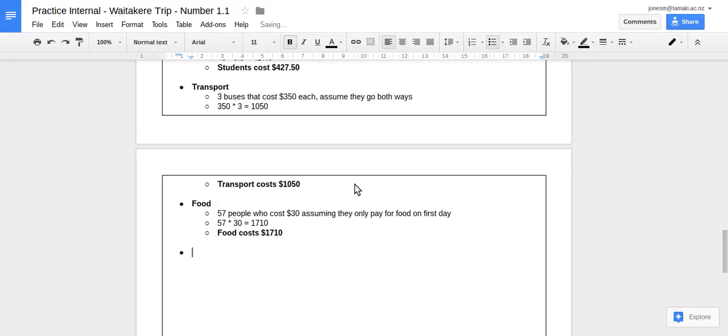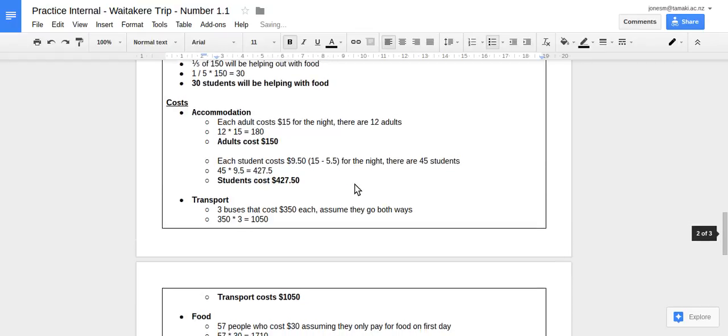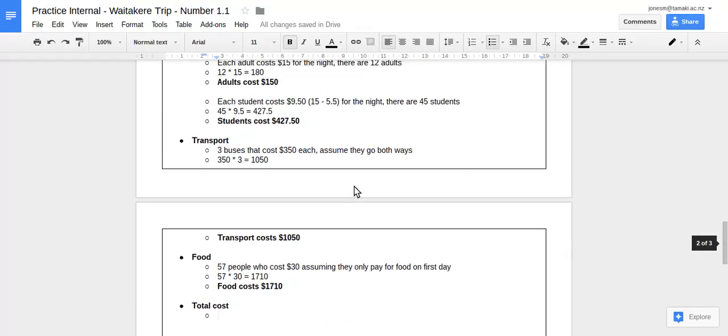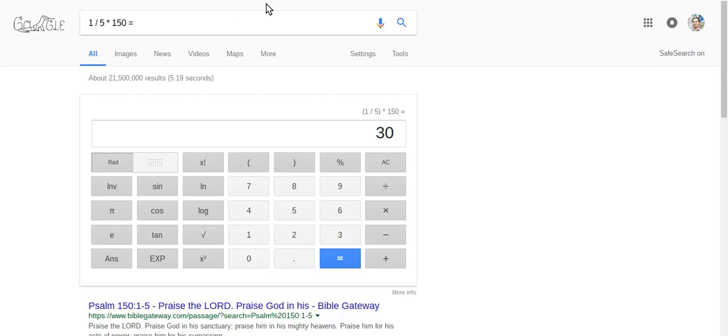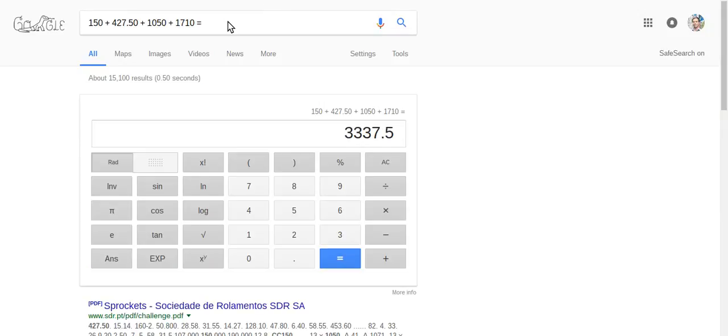Alright, so we have total costs, so that's the adult cost, the student cost, the transportation cost, and the food cost. And in total, put in the calculator, we have 3337.5.